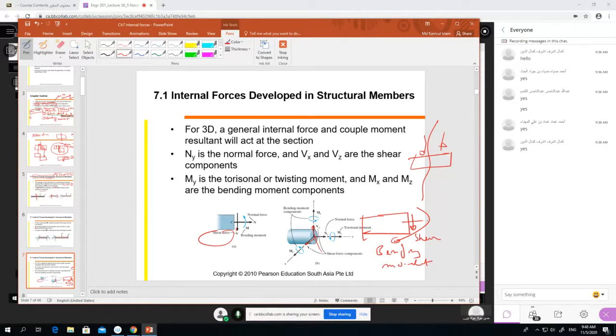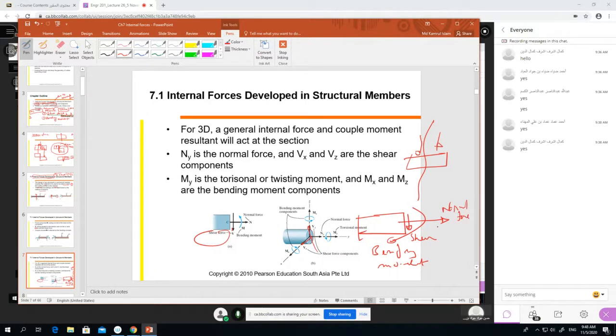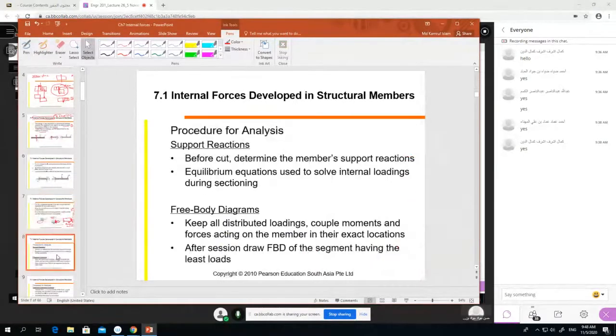If there is any force along the axis, it is called normal force, or axial force. Any force working in the surface we call the shear force, and the moment working is the bending moment, or internal moment.